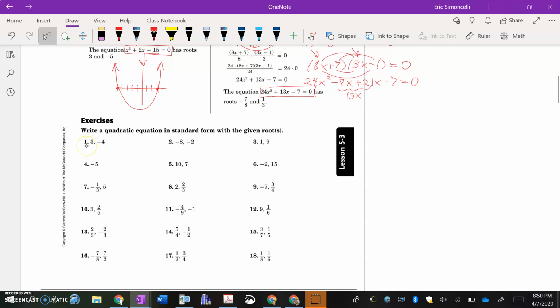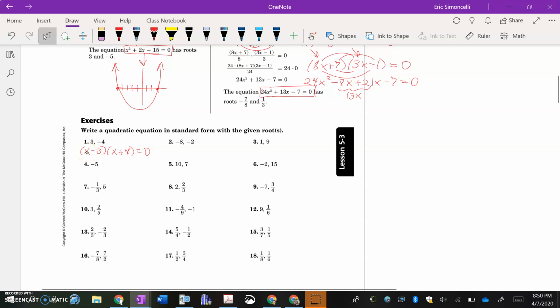So with 3 and -4, we'll start the process with x minus 3. Then x minus, instead of -4, well, minus a negative technically will become plus 4. So that's great. That only, of course, gives us the factors. We're going to FOIL.